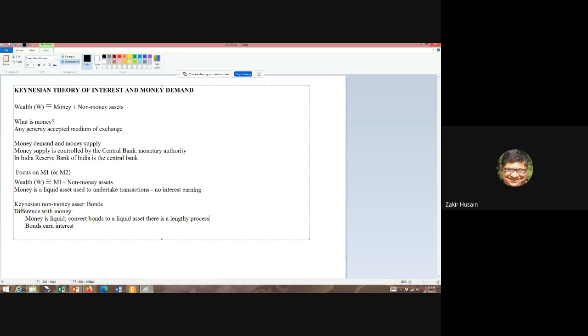You have to go through a broker. So there's a brokerage fee and so on. So there's a lengthy process and also costs of conversion.